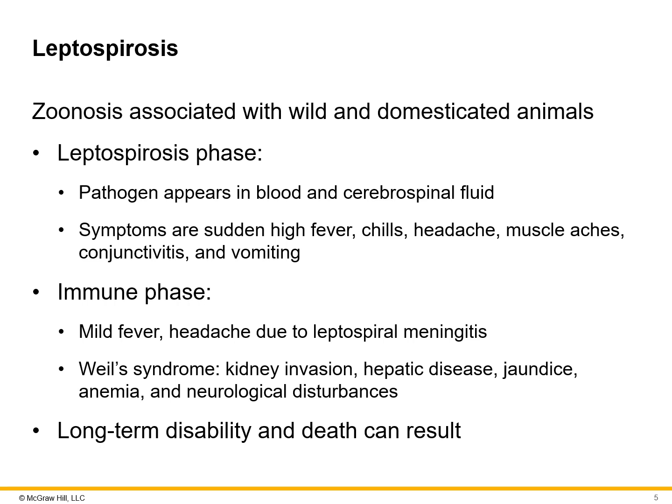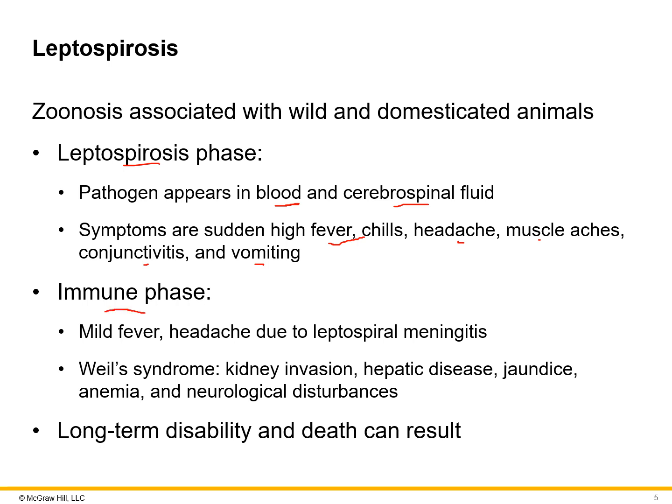Another disease of the urinary tract is called leptospirosis. This is a zoonosis, so it is transmitted by or associated with wild or domesticated animals. In the first phase, the pathogen appears in the blood and also the cerebrospinal fluid. We talked about this earlier with our nervous system infections. Symptoms include high fever, chills, headache, muscle aches, eye infections like conjunctivitis, and vomiting.